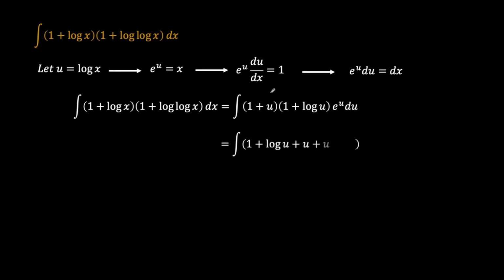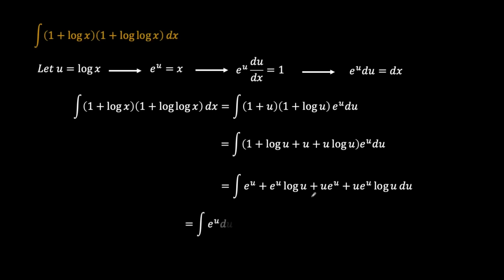So multiplying this part together, we have 1 plus natural logarithm of u plus u plus u times natural logarithm of u, all in brackets, times e to the power u. And then if you multiply e to the power u across, we have e to the power u plus e to the power u natural logarithm of u plus u times e to the power u plus u times e to the power u times natural logarithm of u.